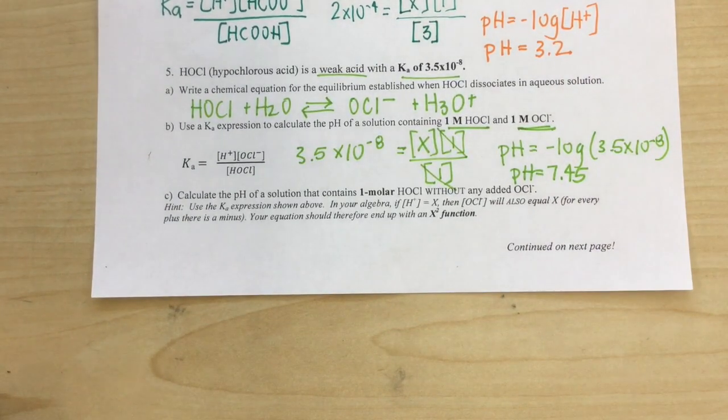The last problem is saying calculate the pH of a solution that contains 1 molar hypochlorous acid without any added OCl minus. So for this, we're going to have 2 X's here.